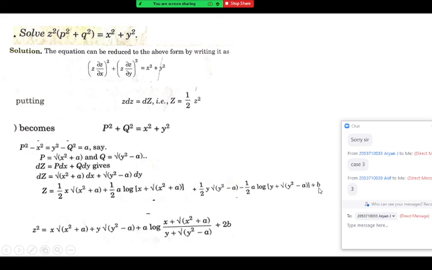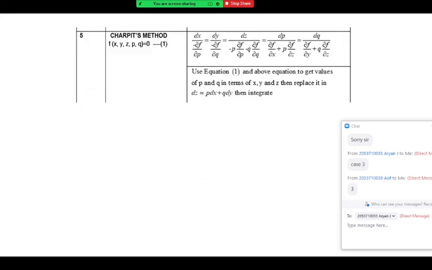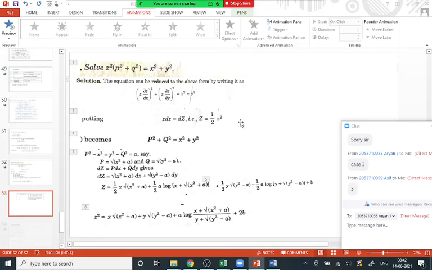So plus B is a constant of integration there. So one more example, last example for today. If you have a doubt, you should ask. Otherwise, I'll move to the next question.